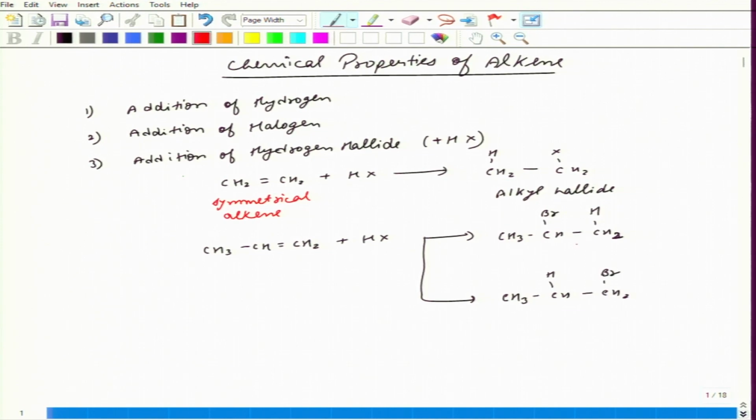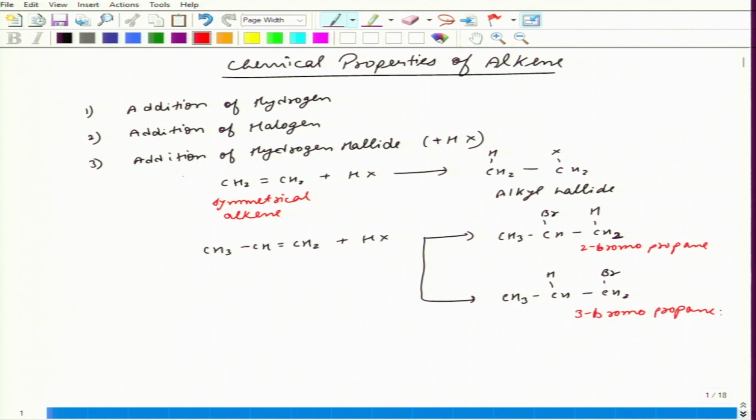In one case we are forming 2-bromopropane and in the other 1-bromopropane, which means two products can be formed that are isomers of each other.